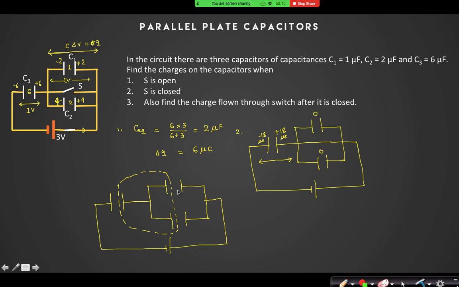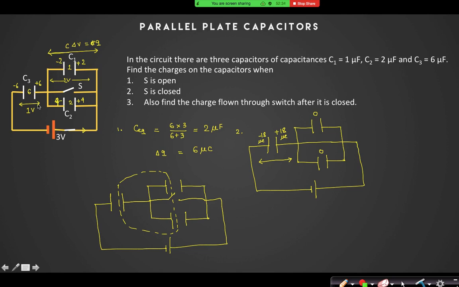So when the switch was open, this isolated system was like this. There is a switch and there is a wire. When the switch was open, the system was isolated. And what was the total charge of that isolated system? Can you see this is 0 because initially the charges were 0.